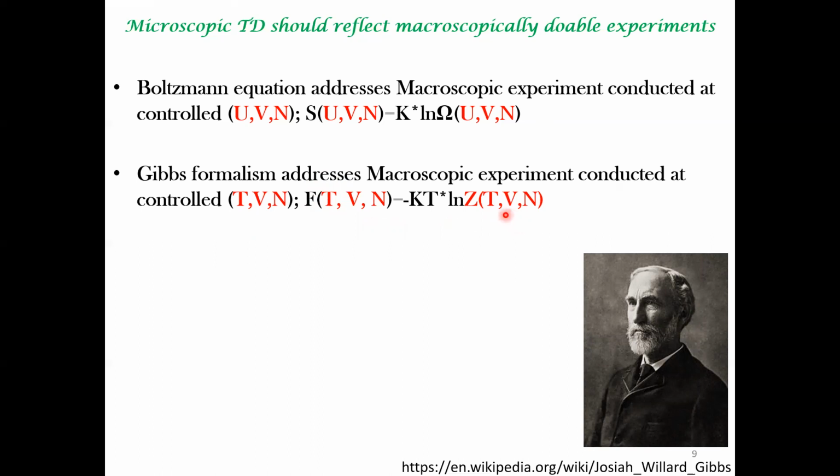So what is this Z? We said that you have a macroscopic system that is in contact with, let's say, a thermal reservoir. For this macroscopic system, the energy can fluctuate.